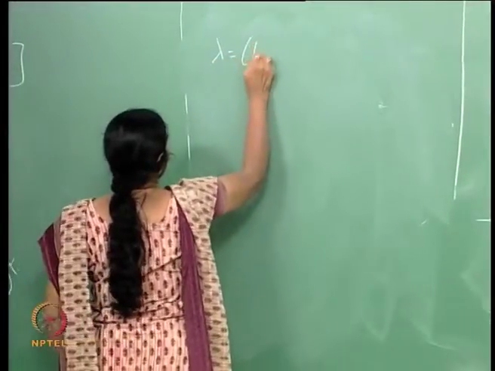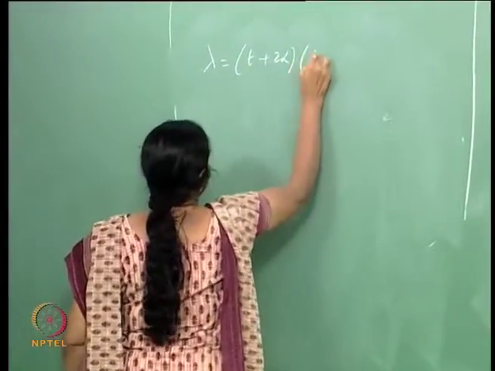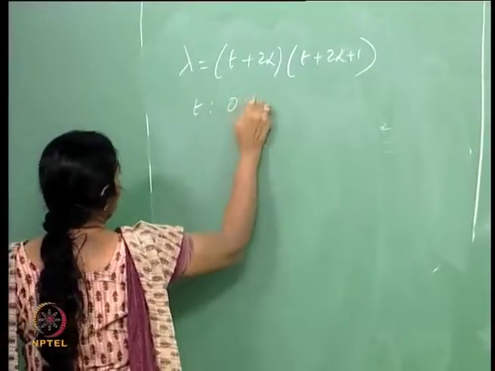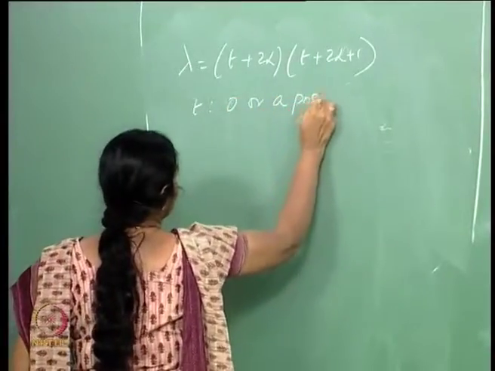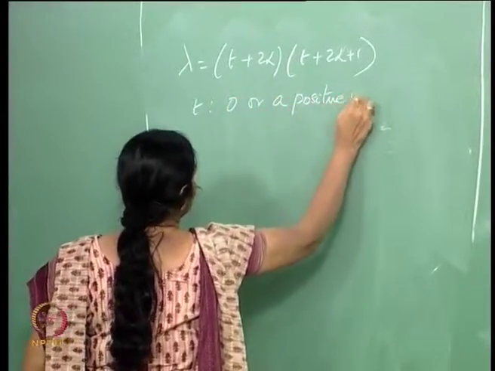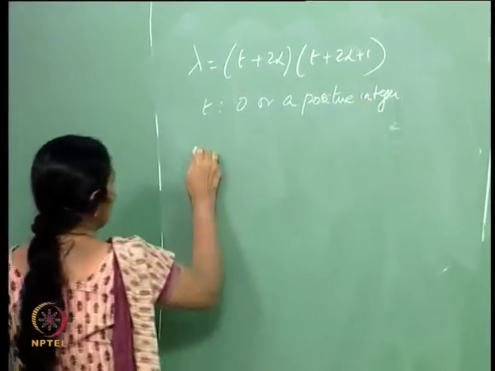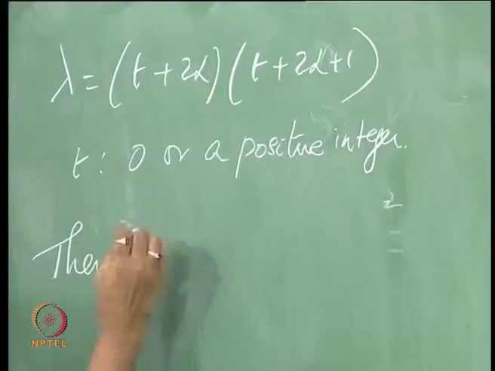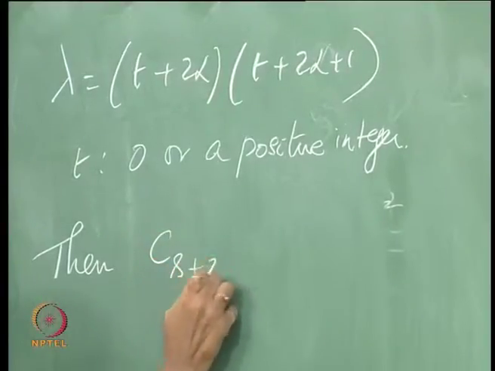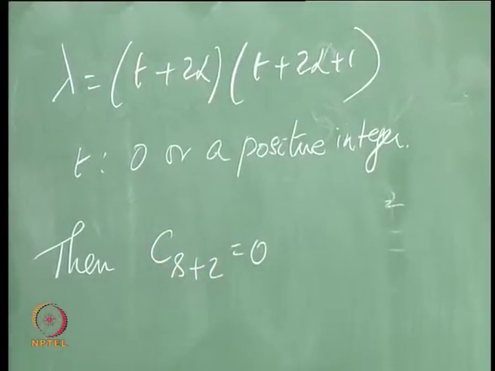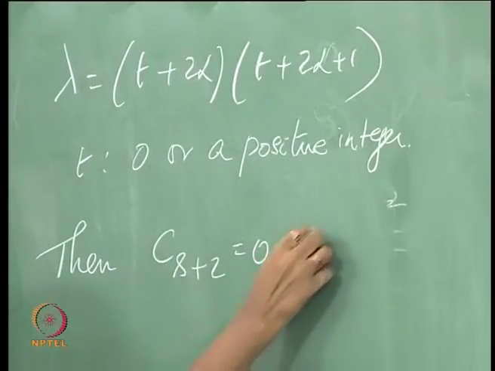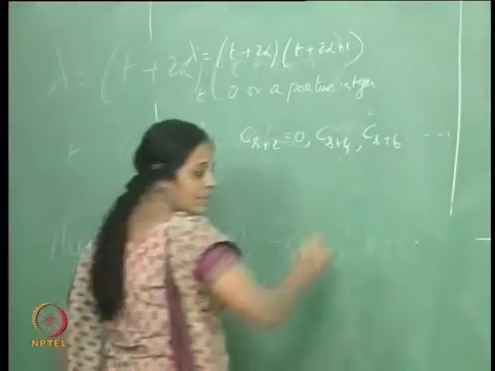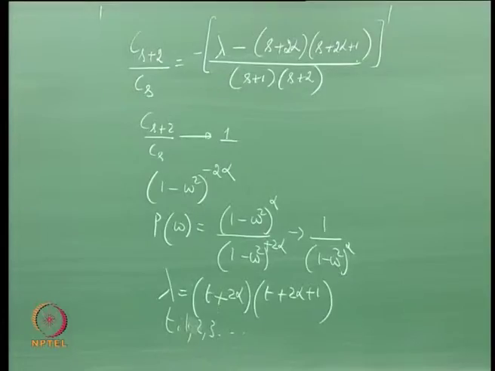Choose lambda to be t plus 2 alpha times t plus 2 alpha plus 1, where t is 0 or a positive integer. Then the series terminates when s takes the value t, Cs plus 2 becomes 0, and because Cs plus 2 is 0, Cs plus 4, Cs plus 6 etc. are 0, because the same recursion relation holds.